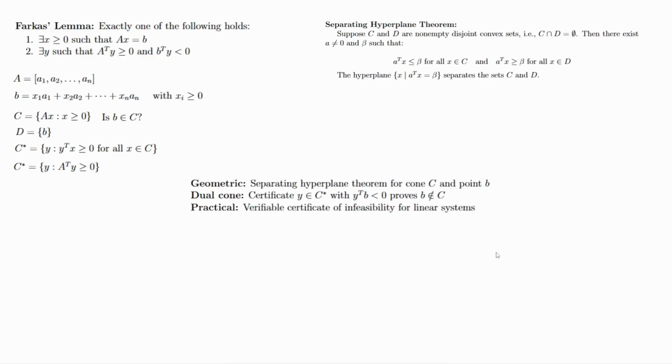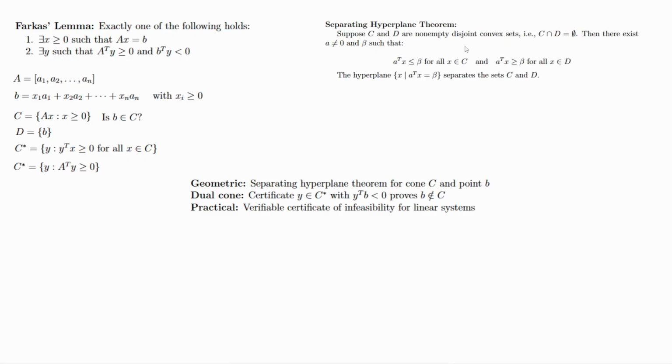So Farkas lemma really has three uses or perspectives. The first one is the separating hyperplane we first talked about. The theorem talks about sets C and D, but if we introduce our cone C as we did here and our point b, which is our set D, then Farkas lemma is just the separating hyperplane theorem for these sets.